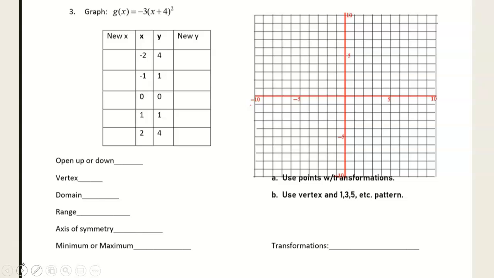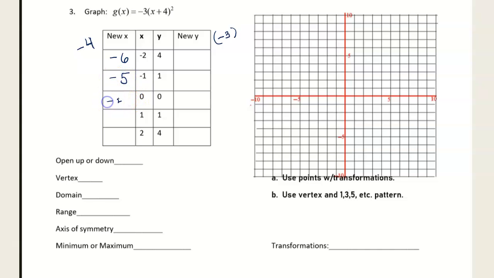So this time we have an a. So we are going to multiply by -3, and then we have an h. Opposite of h is -4, so we're going to subtract 4. So we are subtracting 4 from -2, which gives us -6, subtracting 4 from -1, which gives us -5.